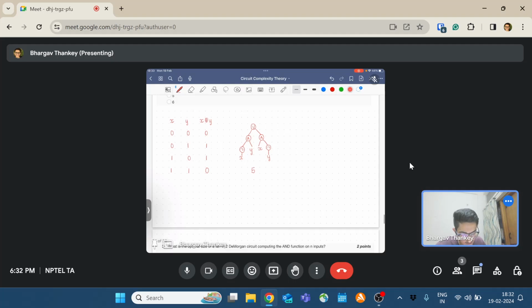In the CNF, you will have an AND gate at the top, and let me make this a little wider, it gets congested. It's an AND of ORs.